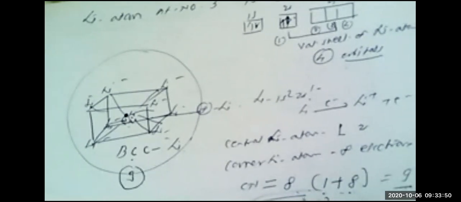The only drawback of this theory is that it does not give any idea about the semiconducting properties of lithium. So to overcome this drawback, another theory was put forward, known as the band theory of metals.